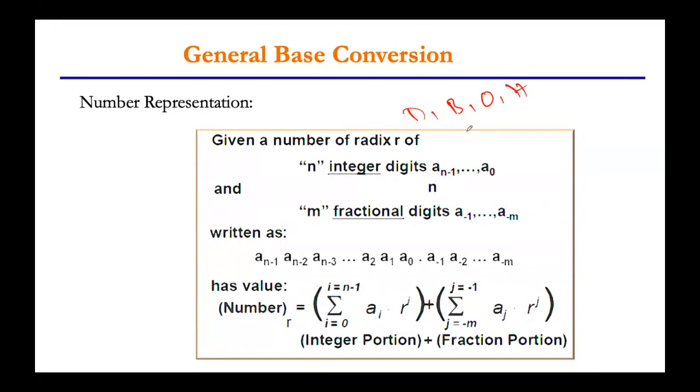The general equation follows that for a given number with radix r, this r may be 10, 2, 8, or 16, that is decimal, binary, octal, and hexadecimal, with any integer portion.